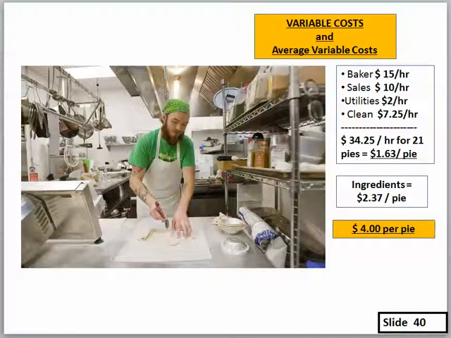Now, that's true if we make 10 pies. We only work our baker and our salesperson for a half hour. That's true if we make 42 pies. We run them for 2 hours. Each pie is going to have $4 of the variable cost.